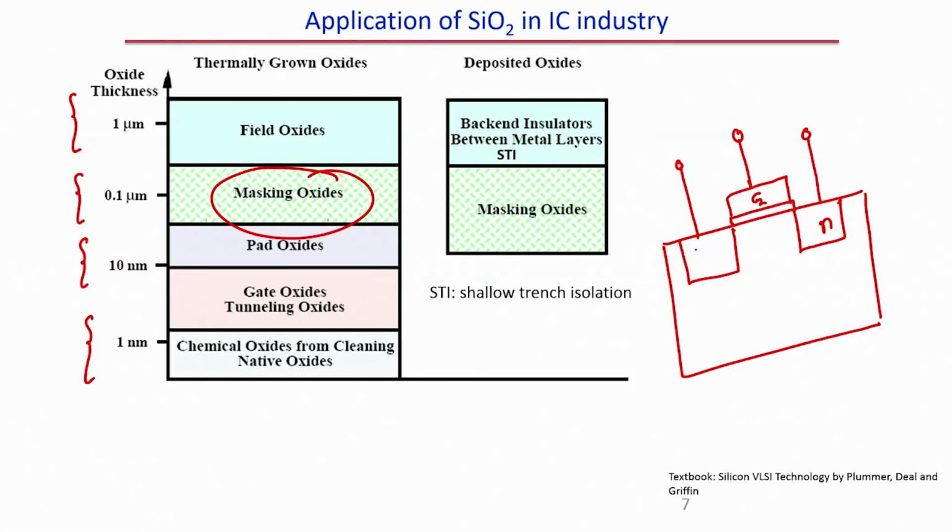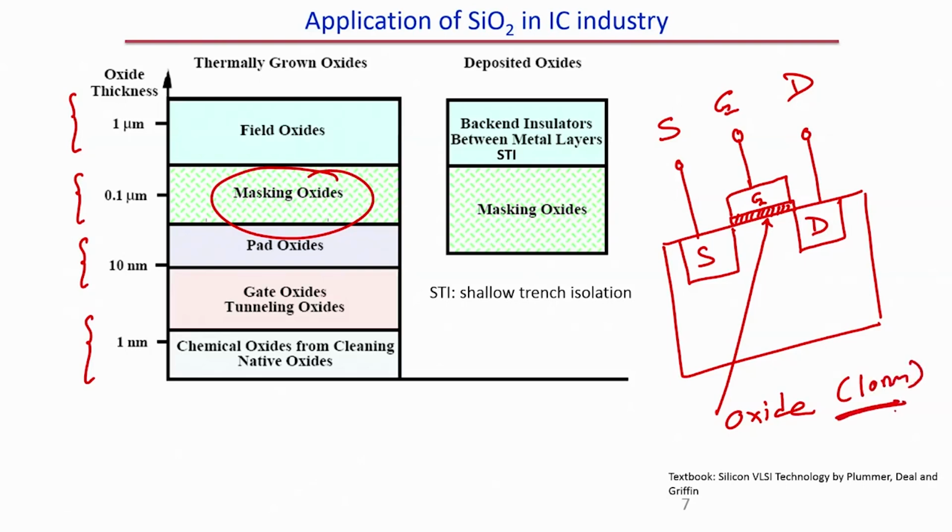Let me just write down source, drain and gate, right. Source, gate, drain. This will be my oxide, right, which is extremely thin, close to 10 nanometer or even smaller, depending on the MOSFET fabrication, and this is nothing but my gate oxide.